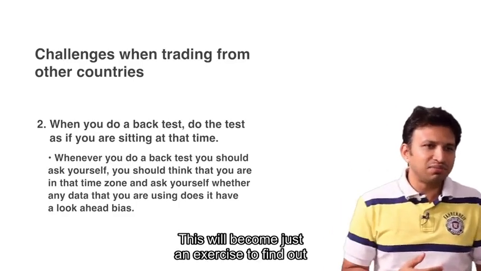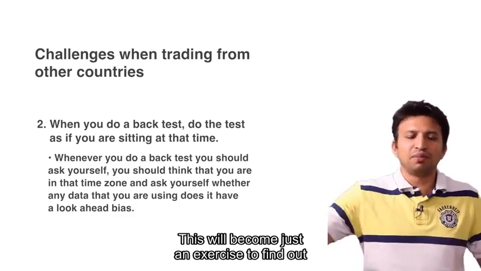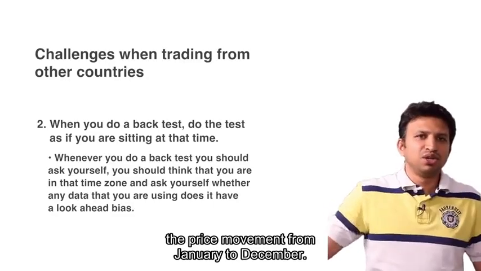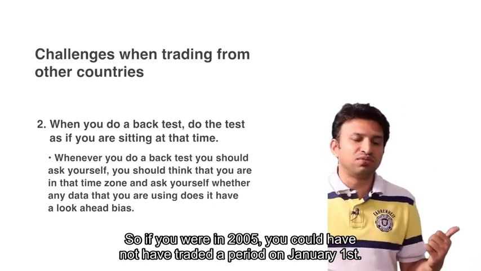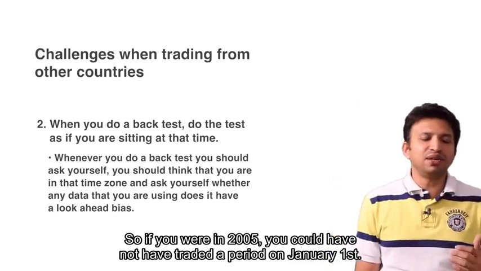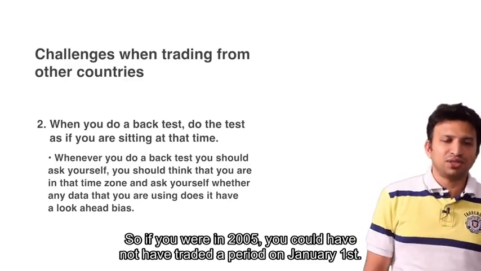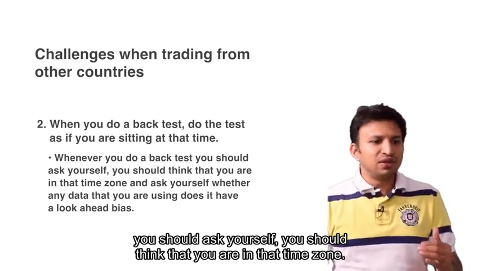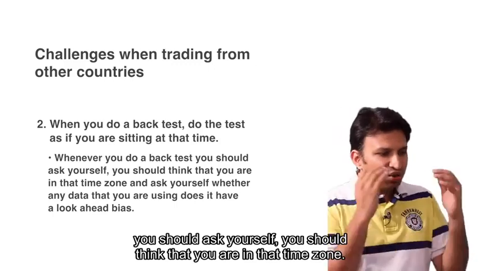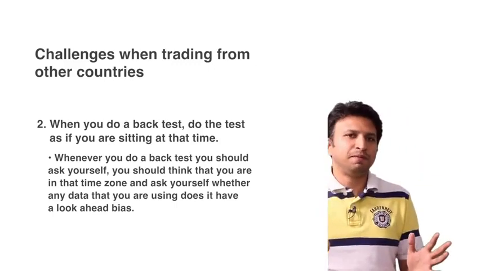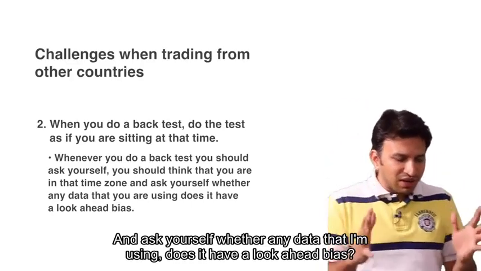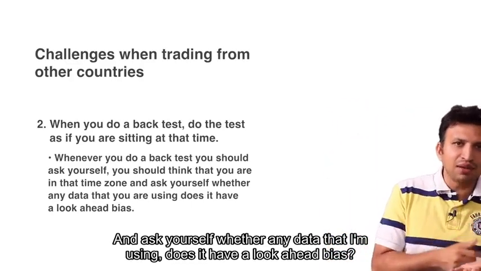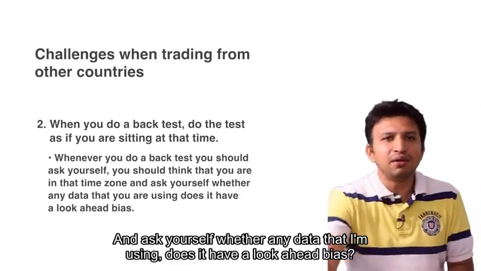This will become just an exercise to find out the price movement from January to December. So if you were in 2005, you could not have traded on January 1st. Whenever you do a back test, you should think that you are in that time zone and ask yourself whether any data that I am using has a look ahead bias.